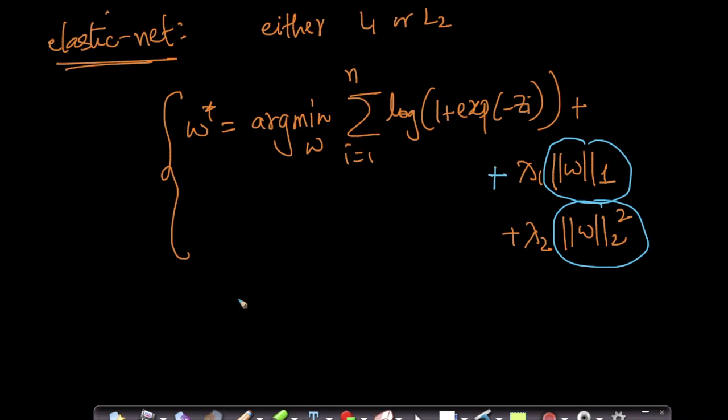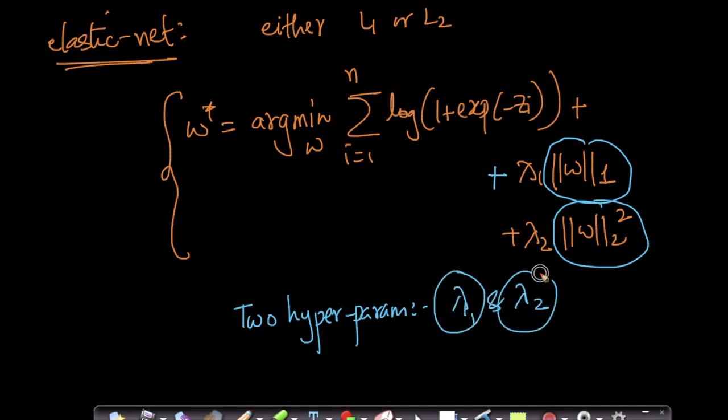Now when they do this, you have two hyperparameters. You no more have one hyperparameter. You have two hyperparameters, lambda 1 and lambda 2, and you need to find the optimal lambdas, again using cross validation and things like that. So it's no longer trivial.